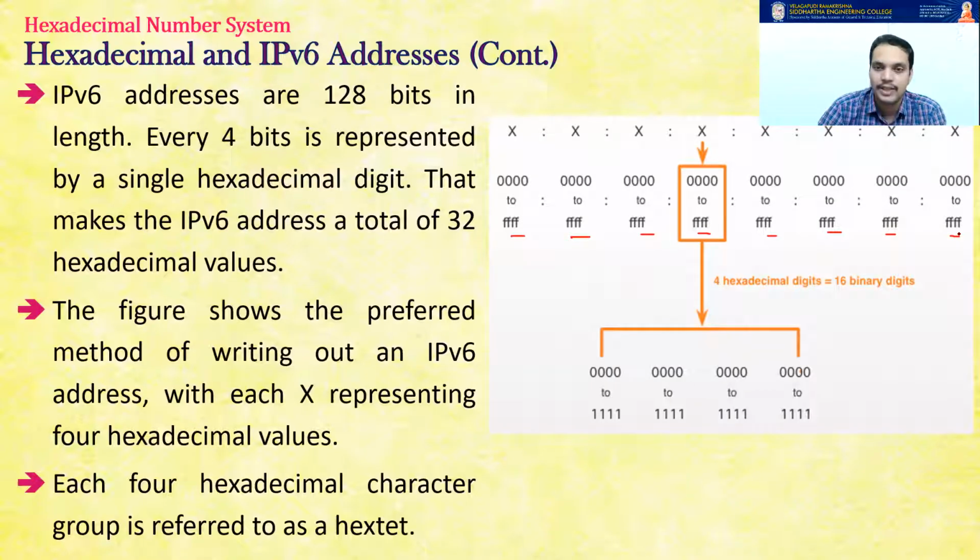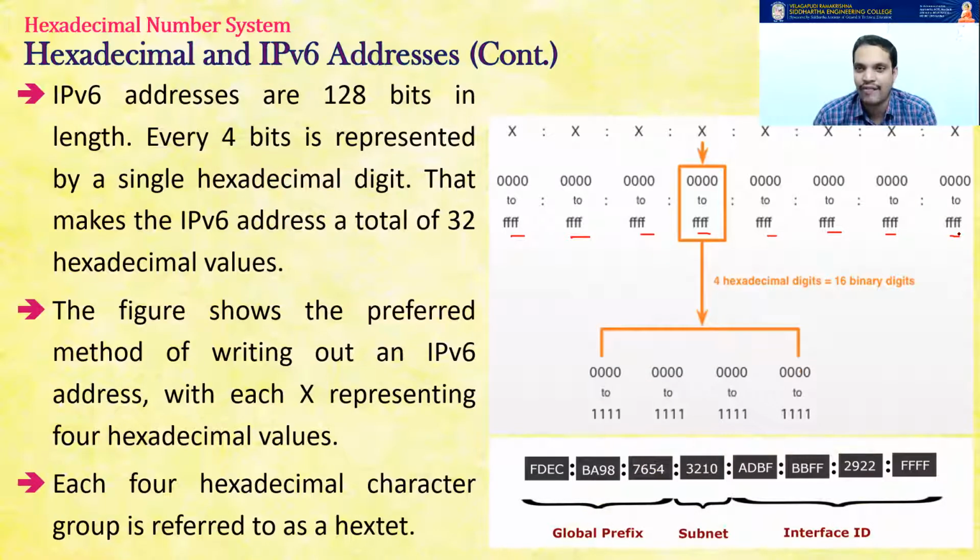So this is how we represent it, and I have brought a small example to get a feel for how IPv6 addresses are written down. This is an IPv6 address. Here, each one of these values represents 4 bits. F is 4 bits, D is 4 bits, E is 4 bits, C is 4 bits. So this part consists of 16 bits, and it is called a hextet.